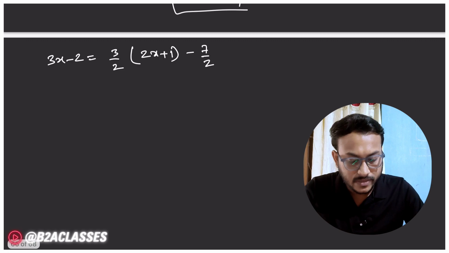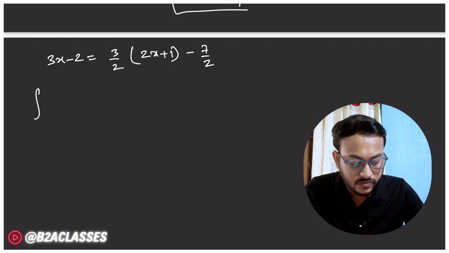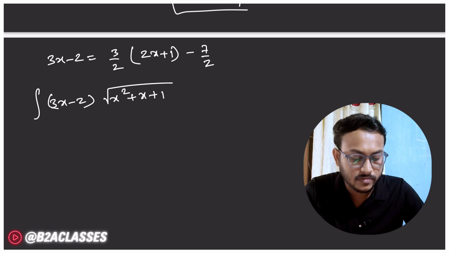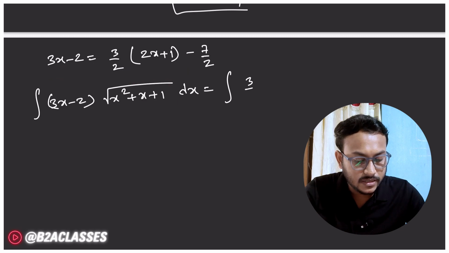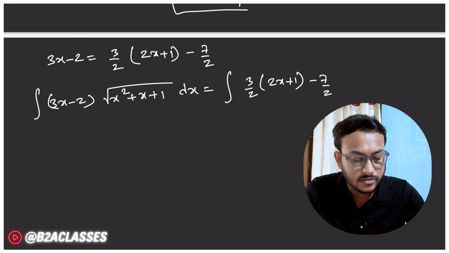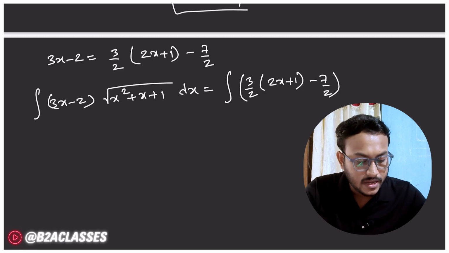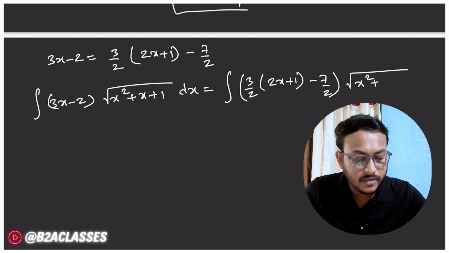So our integral was integration of (3x minus 2) root over x square plus x plus 1, and after substituting, I get 3 by 2 into 2x plus 1 minus 7 by 2, and the remaining root over x square plus x plus 1 will be there.